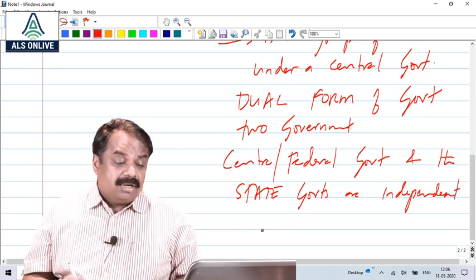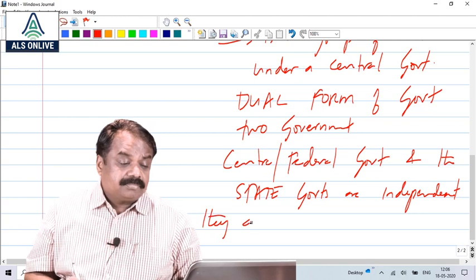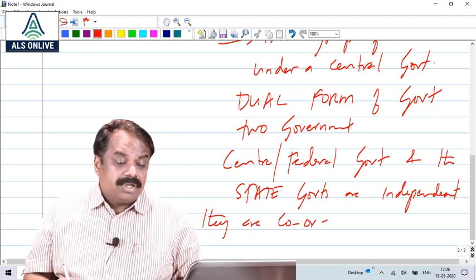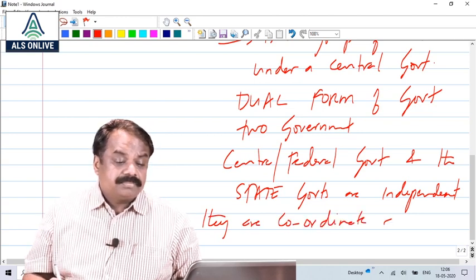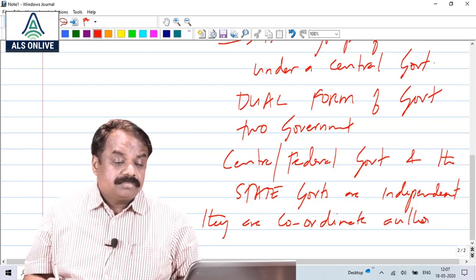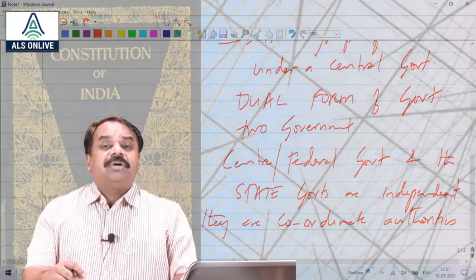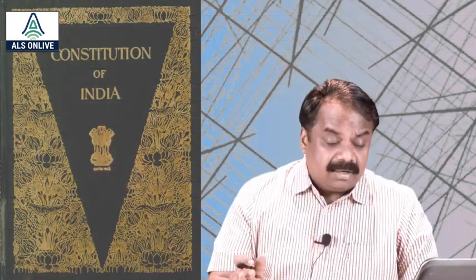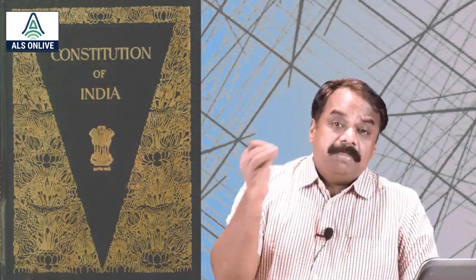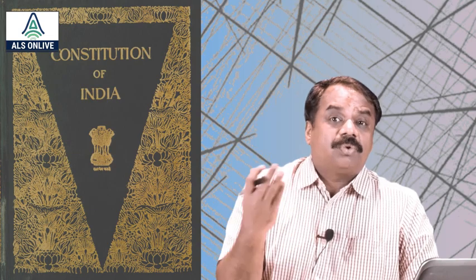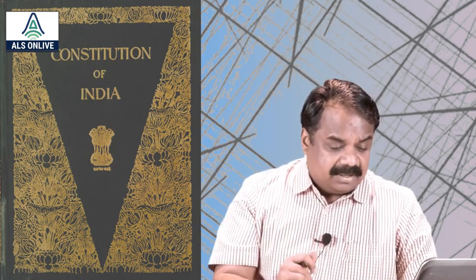They are not only independent, they are coordinate authorities, independent of each other. So, the makers of the constitution call India federal, but the independent experts call the Indian Constitution quasi-federal.